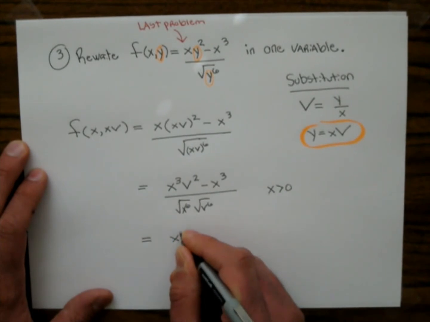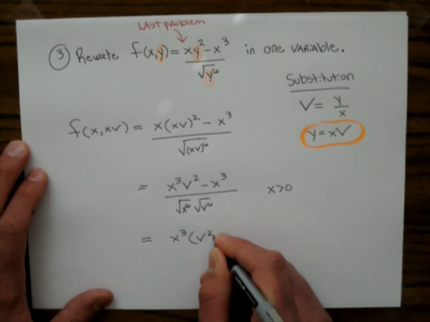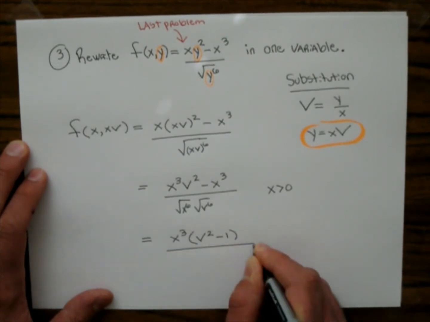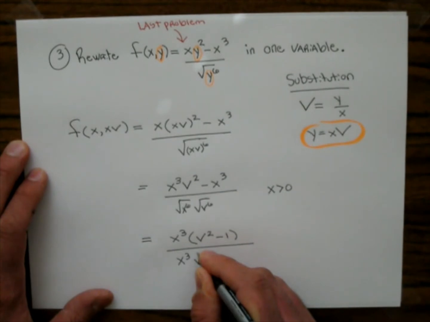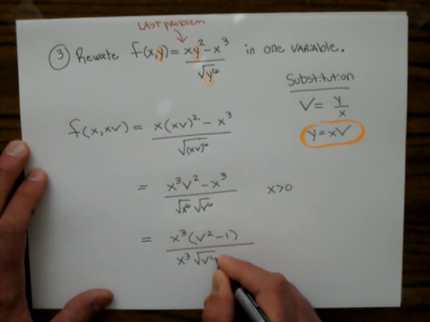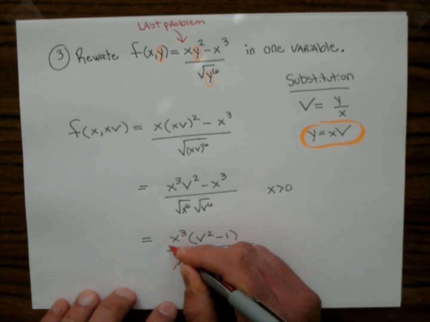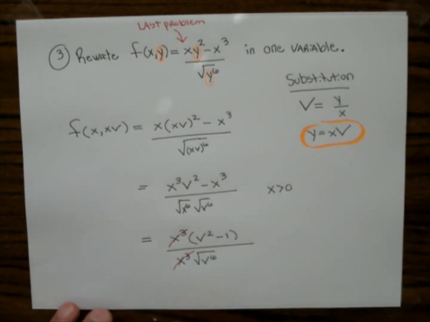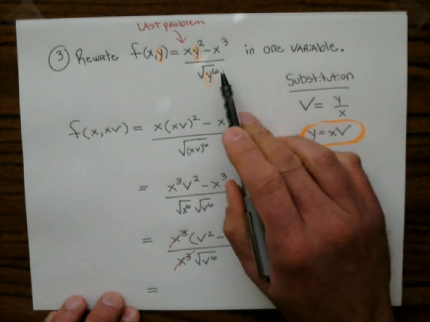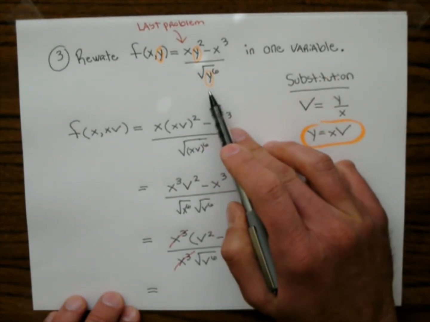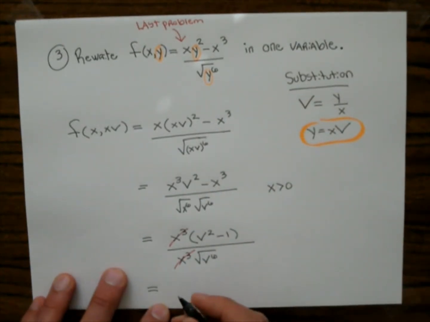So I have an x cubed, then v squared minus 1 on the top, and on the bottom I have x cubed times the square root of v to the sixth. As you can see, those x cubes are out of there, and we have now done a substitution and replaced this 2-variable function with something that just has v's in it.